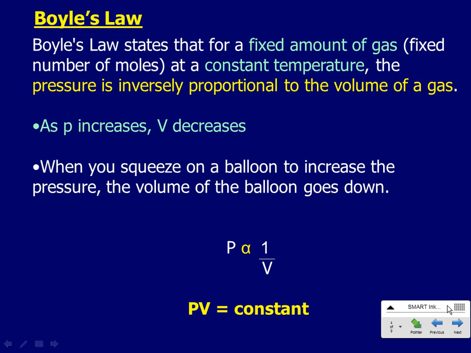Another way that I could affect the pressure, this is a tricky thing, because if I squeeze that down, am I changing the volume or am I changing the pressure? I'm actually doing a little bit of both. I'm squeezing it down to make the volume smaller, but I'm also increasing the pressure inside there. What I'm showing you here is that I've got some liquid here that doesn't compress.